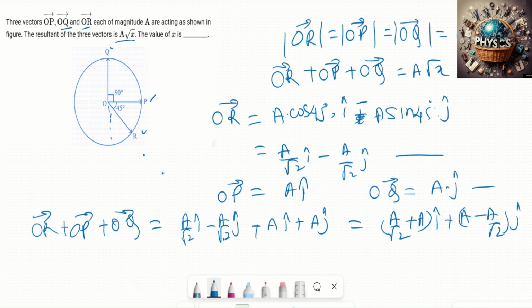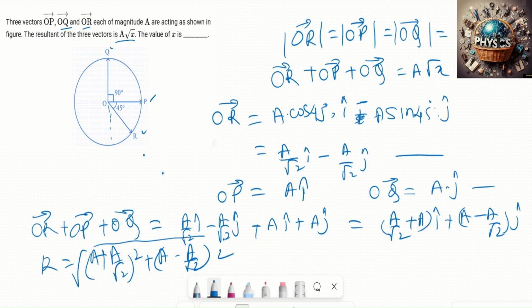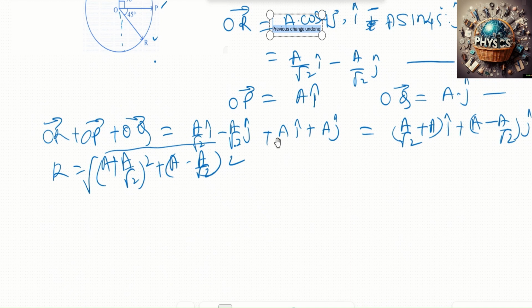So what is the resultant? The resultant will be square root of this. So the magnitude of the resultant is the square root of A plus A by root 2 whole square plus A minus A by root 2 whole square. So A is common, so we can take A outside.